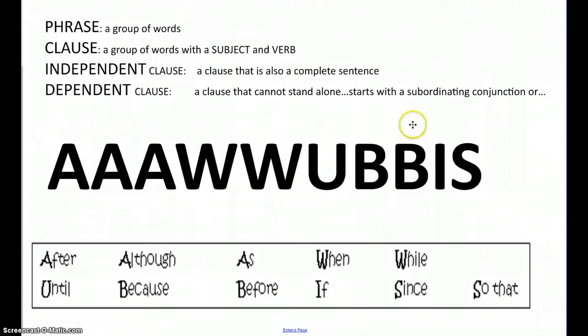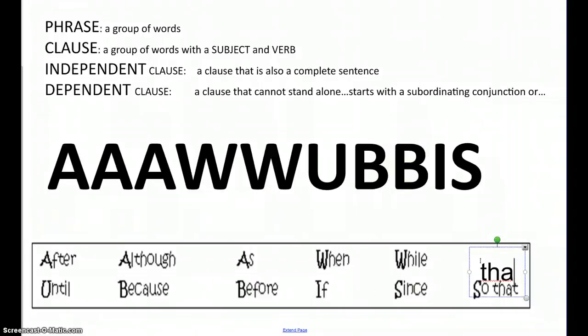We came up with this funny word, AWUBIS, which is really a mnemonic to help us remember that some of our subordinating conjunctions that help us find dependent clauses start with an A, or a W, or a U, or a B, or an I, or an S. By no means is this a complete list of every subordinating conjunction that exists in the English language, and we'll talk about some in class and add them to our list.